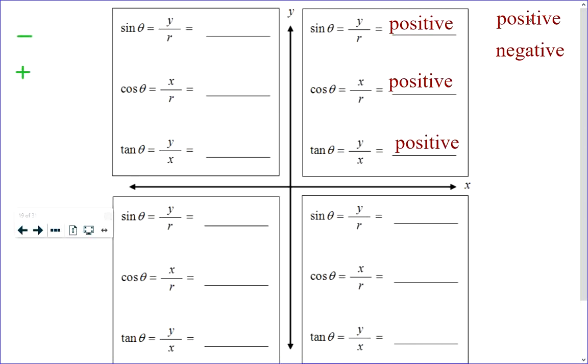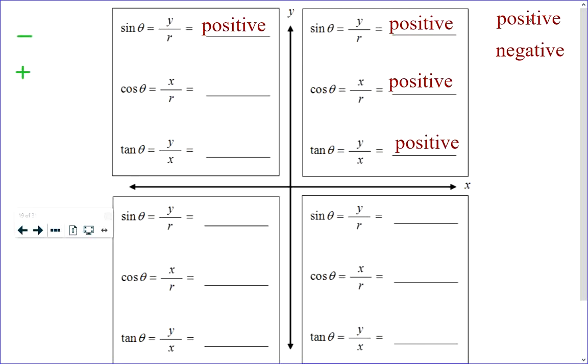And by the way, r is always positive. I'll repeat that. R is always positive. Doesn't matter which quadrant it's in. When we look at quadrant 2, y is still positive, so sine, which is y over r, is going to be positive.